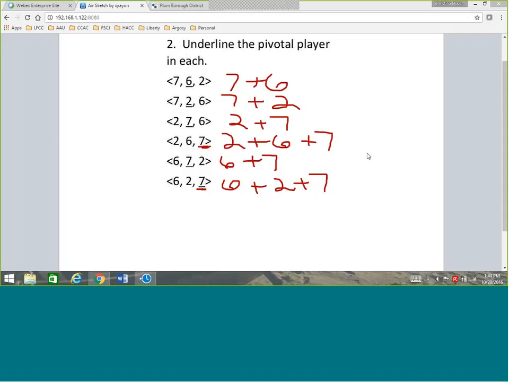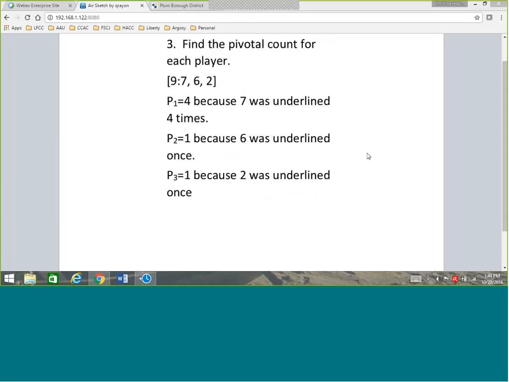If we look back here, 4 times, yep. So those are the pivotal counts for each player. Pivotal count for player 1 is 4. Pivotal count for player 2 is 1. Pivotal count for player 3 is 1.